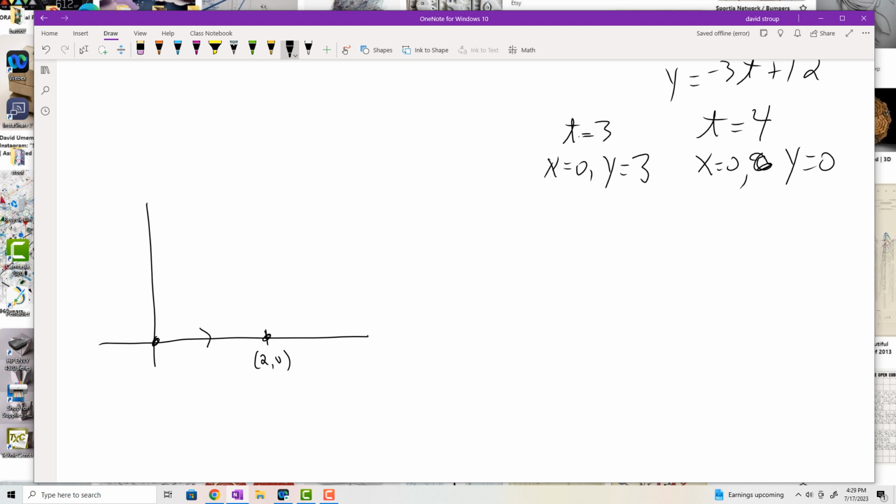And then I want to go up to 2, 2. And then I want to go over to 0, 2, and then finish back at 0, 0. So this should be t equals 0, t equals 1, t equals 2, t equals 3, and then you want to end at t equals 4 back at 0, 0.